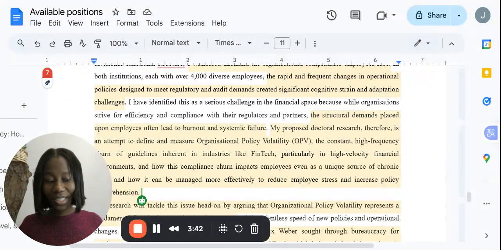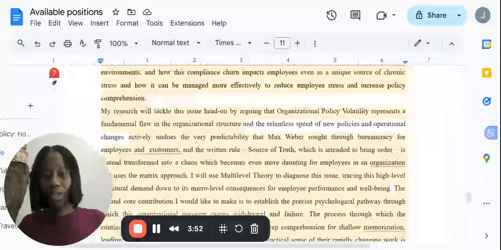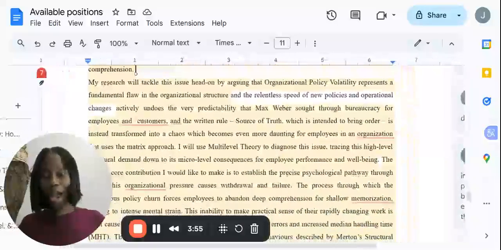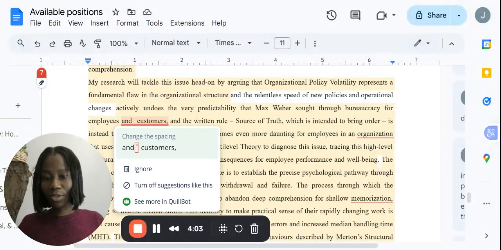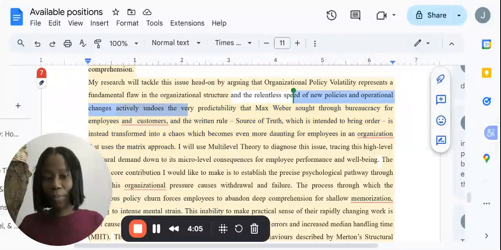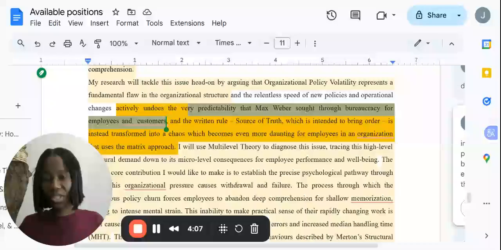Then they integrated to some extent the academic or institutional foundation, the structure of the organization where they work. Next, if you proceed, they said my research will tackle this issue, and how they intend to tackle this issue, right? The relentless speed of new policy and operational change actively undoes the very predictability that Max Weber sought through bureaucracy for employees and customers.